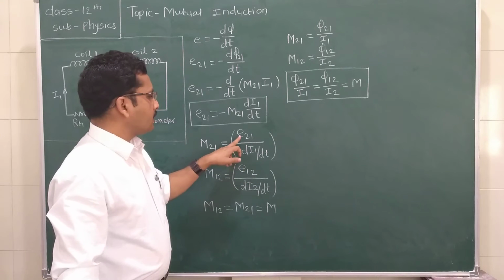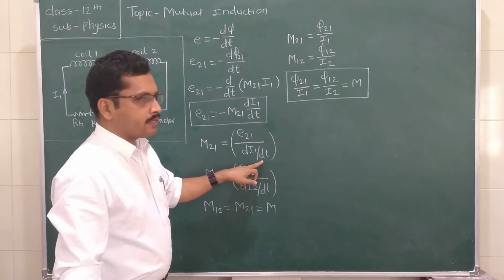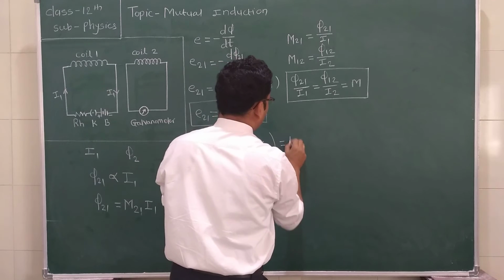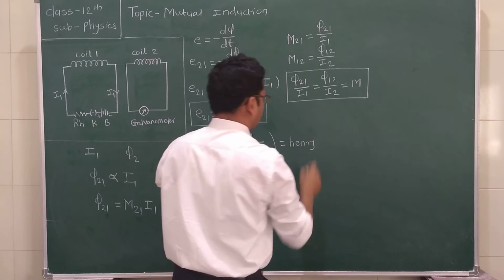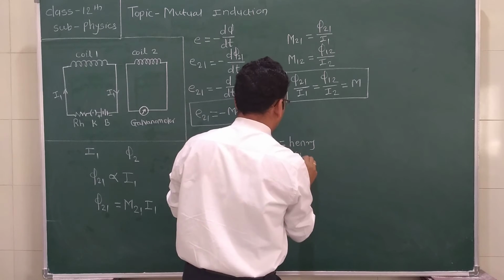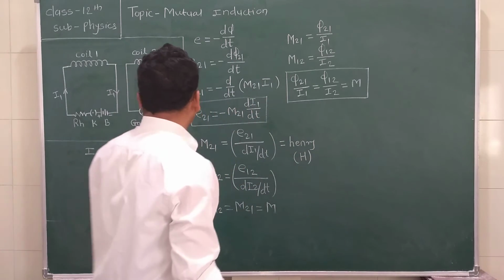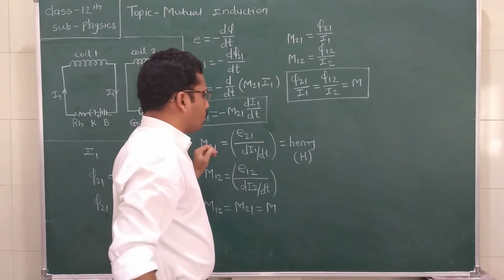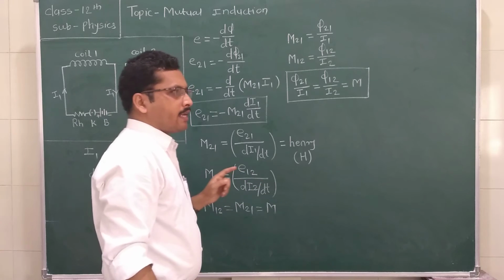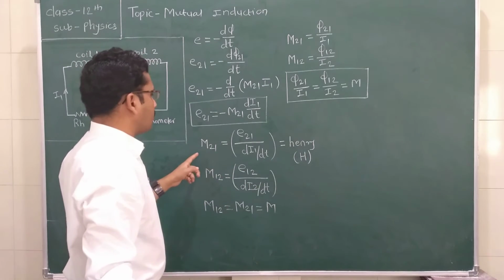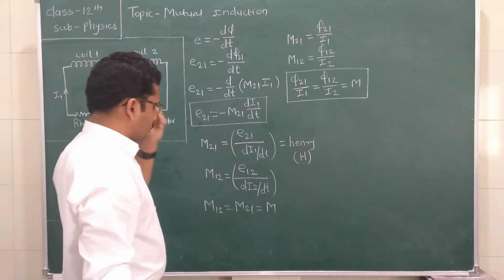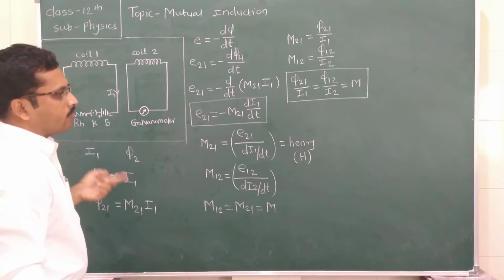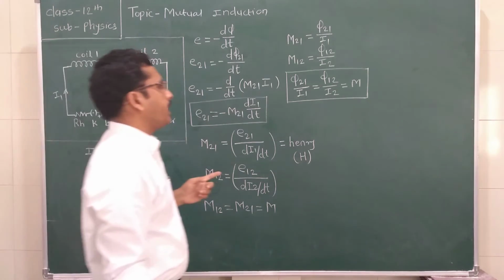So we can write volt ampere per second, which is also equal to Henry, denoted by the capital letter H. So the SI unit of the coefficient of mutual induction is Henry. Also, in the case of self induction, the unit is also Henry. So mutual induction as well as self induction have the same unit, Henry.